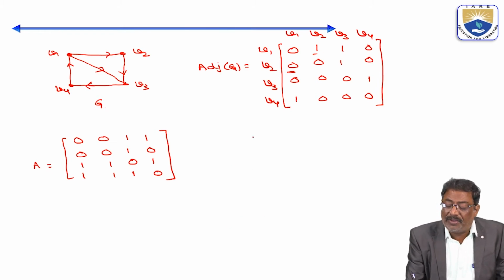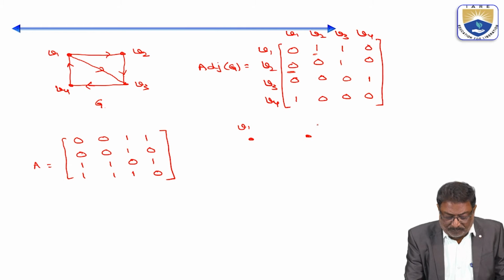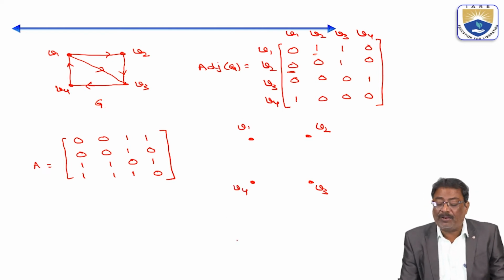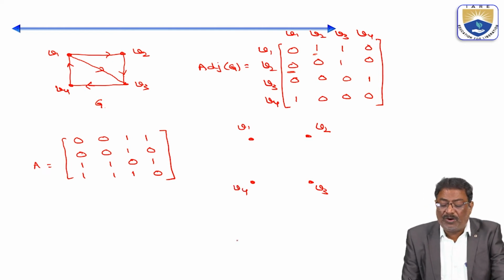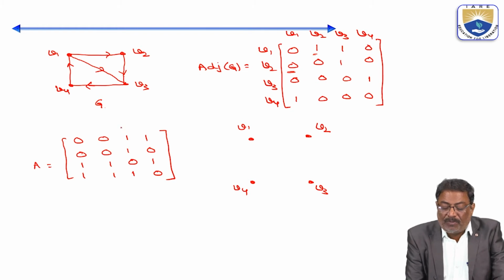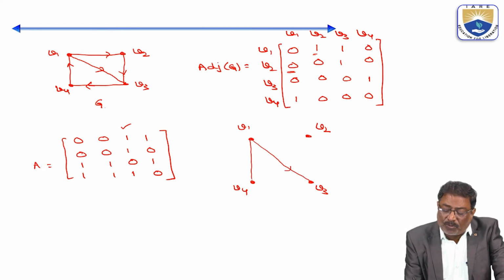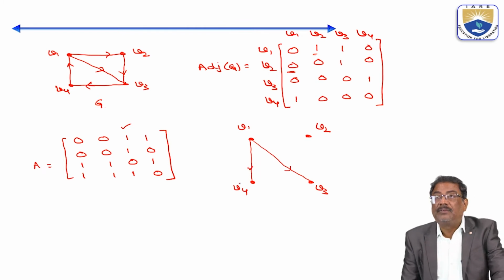Here it has 4 vertices. Let me consider V1, V2, V3, V4. Let us take the 4 vertices in any manner. So V1 to V3 and V1 to V4 there are edges.